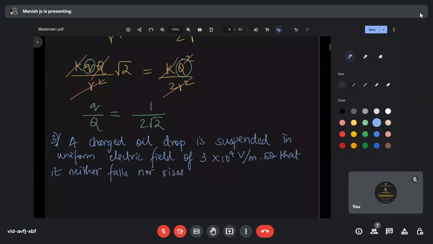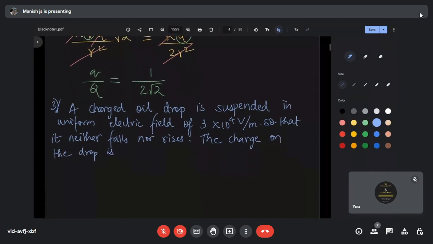So it does not go down or come up, other meaning. Neither falls nor rises. The charge on the drop is options.